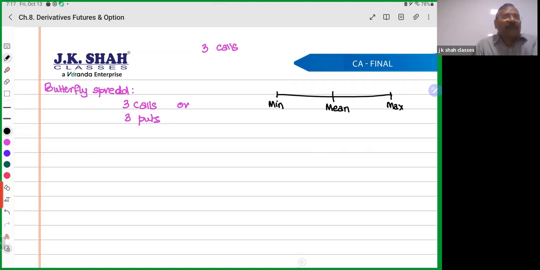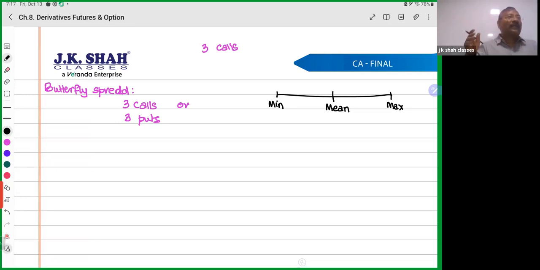Now, for example, I could do transactions in call with a strike price of 100, lower side, 120, higher side, and another call with a strike price of 110, right in the middle. But it has to be evenly distributed.